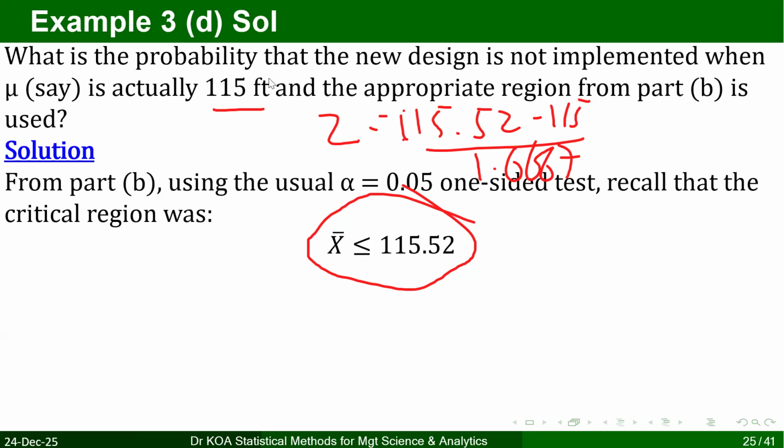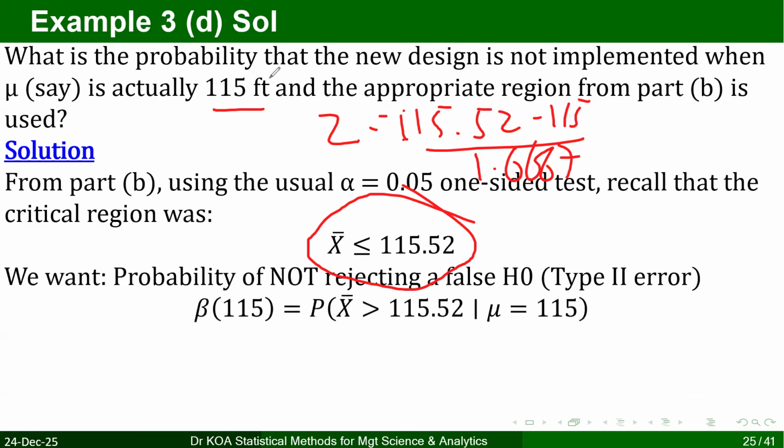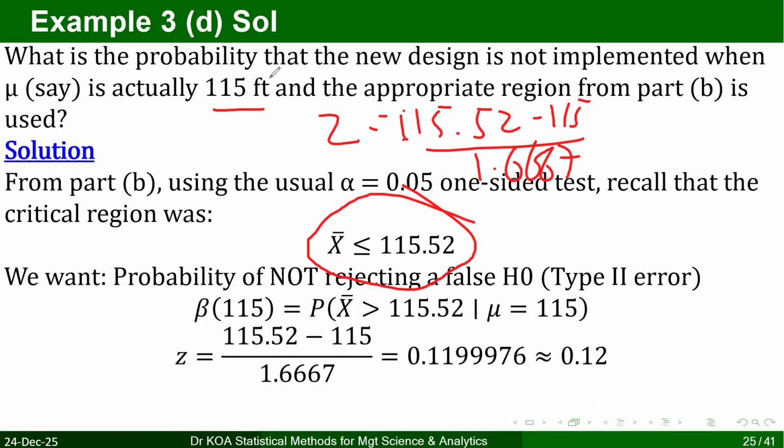Okay, so you check, that will give you 0.12. So we're going to go to the table and read 0.1 under 2. Hey, did you confirm that you have 0.12? This is it. You get 0.12.